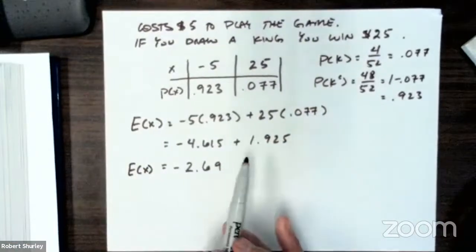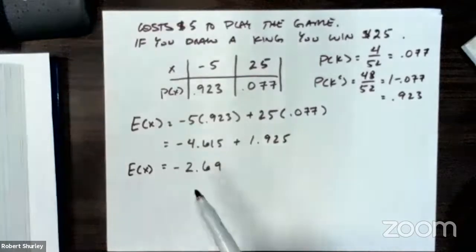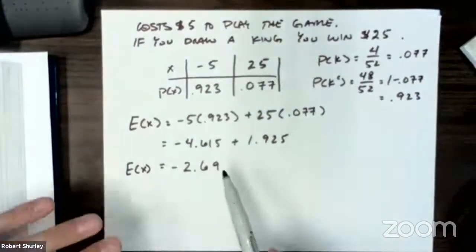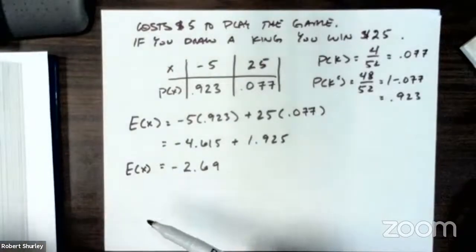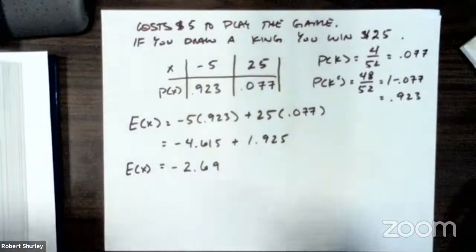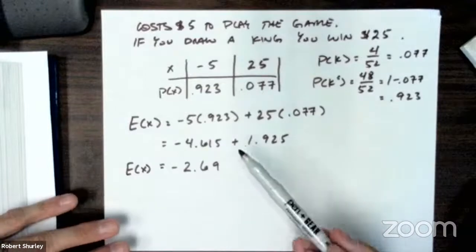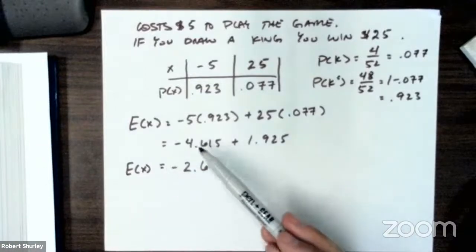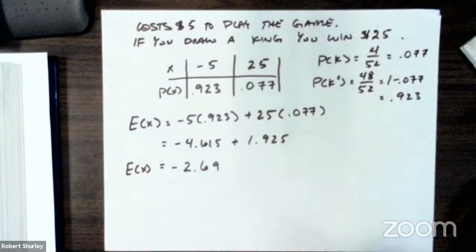And I'm going to interpret this here because it's a little easier to grasp. What this means is if you play this game over and over and over again, you can expect on average you're losing $2.69 every time you play.